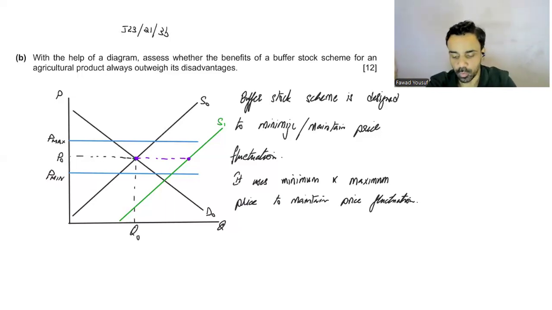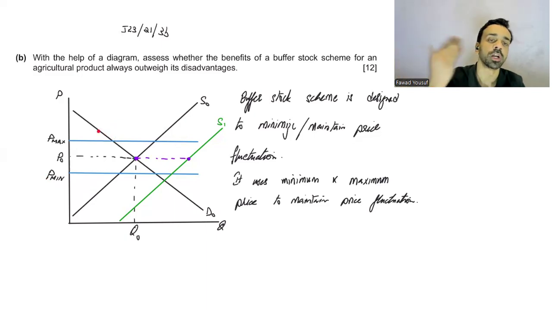Right now, when you have a buffer stock, as in a supply increase, the minimum price has come into play. Maximum is ineffective. It has nothing to do. This is the highest the price can go. Prices are already below this level, so maximum is not operating right now. It will only operate if the supply falls and the price wants to go above the maximum.